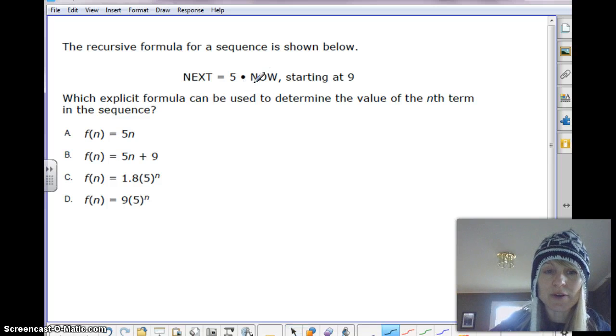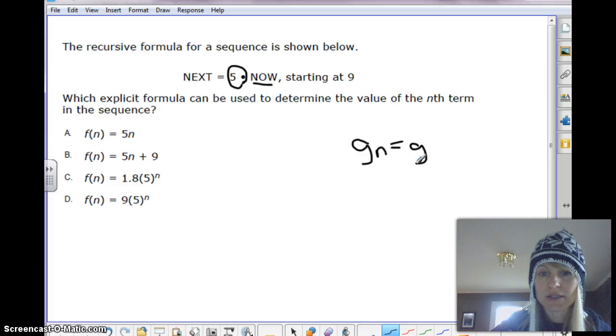I'm taking whatever is now and multiplying by 5. My geometric equation is g sub n equals g sub 1 times r to the n minus 1. They're telling me r is 5, and they told me I start at 9, so g sub 1 is 9.